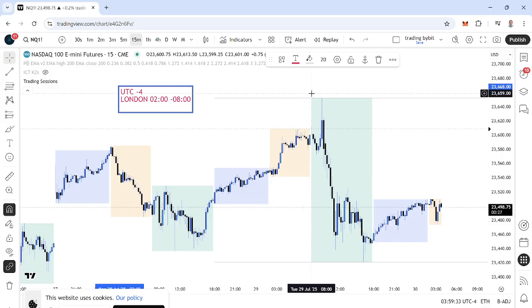New York goes from 8 to 4:45, so 5 o'clock.